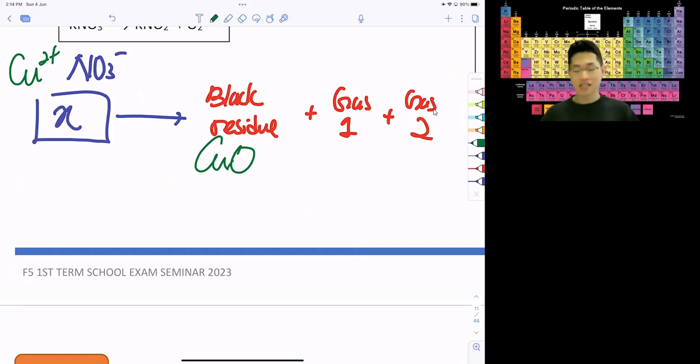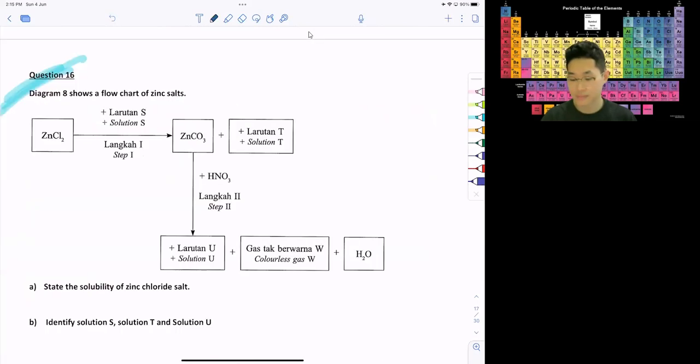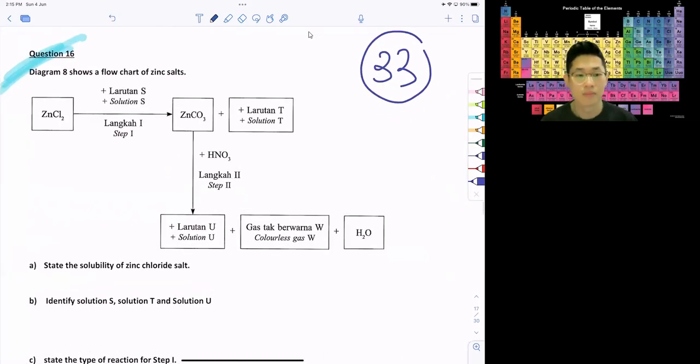All right, it's time to do some exercise. Finally, let us go to page 33. Let's start with something easier. What we will be doing now is finding unknowns in the chart.